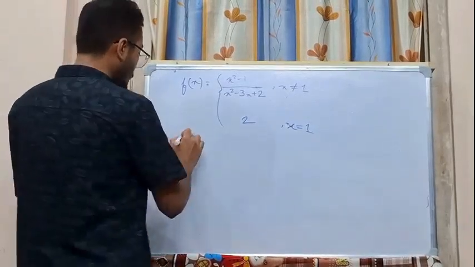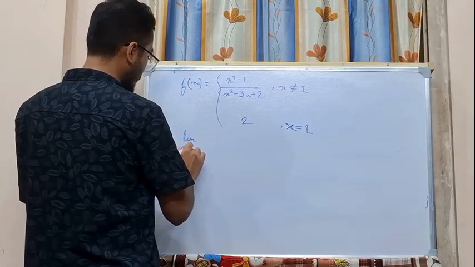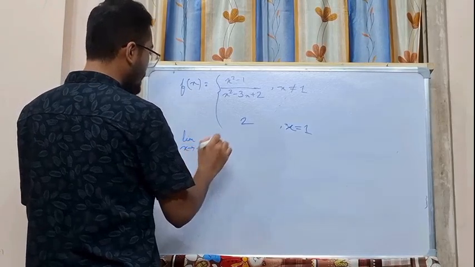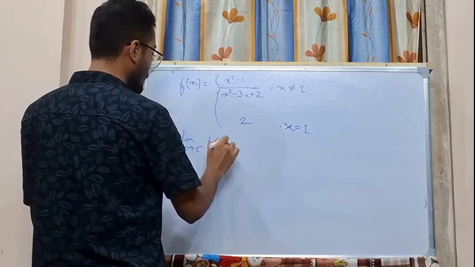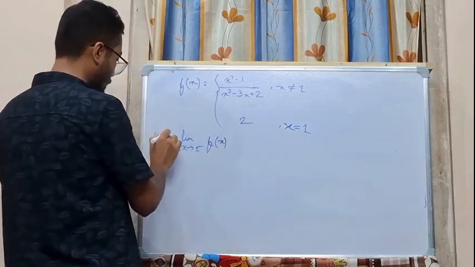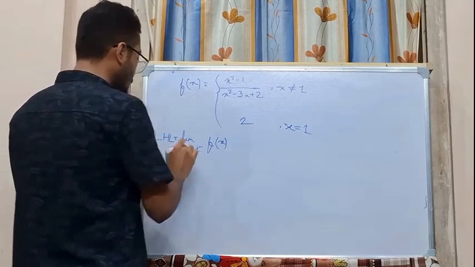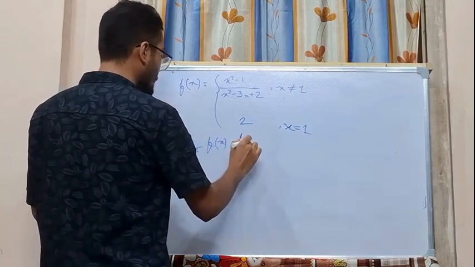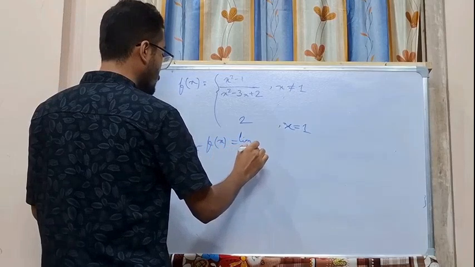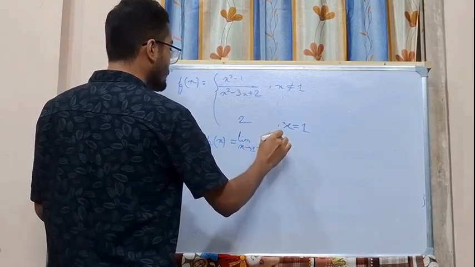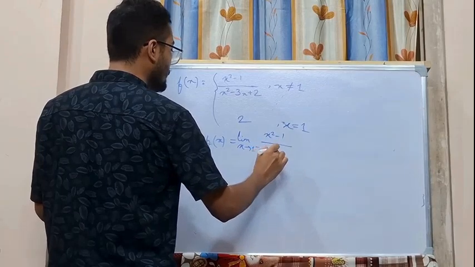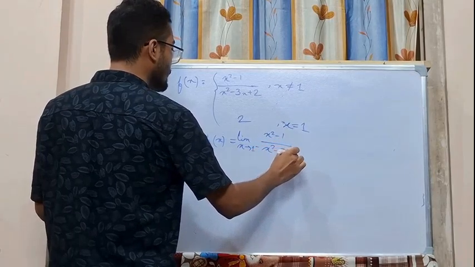Now for limit x tending to 1 minus f(x), the left hand limit, obviously, it will be limit x tending to 1 minus x square minus 1 divided by x square minus 3x plus 2.